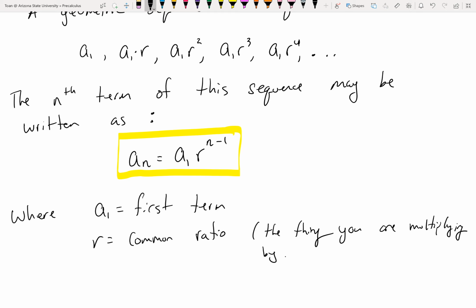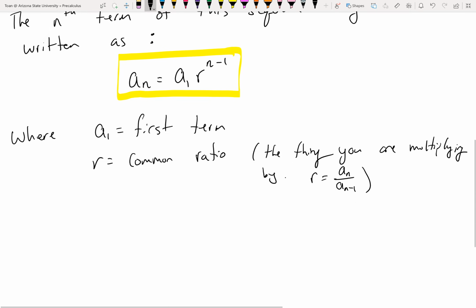The reason they call it common ratio is because you have to use division to figure out what you're multiplying by if it's not obvious. The common ratio is always any term divided by the previous term. Hence, that's why we call it ratio. And n, of course, is the term number.